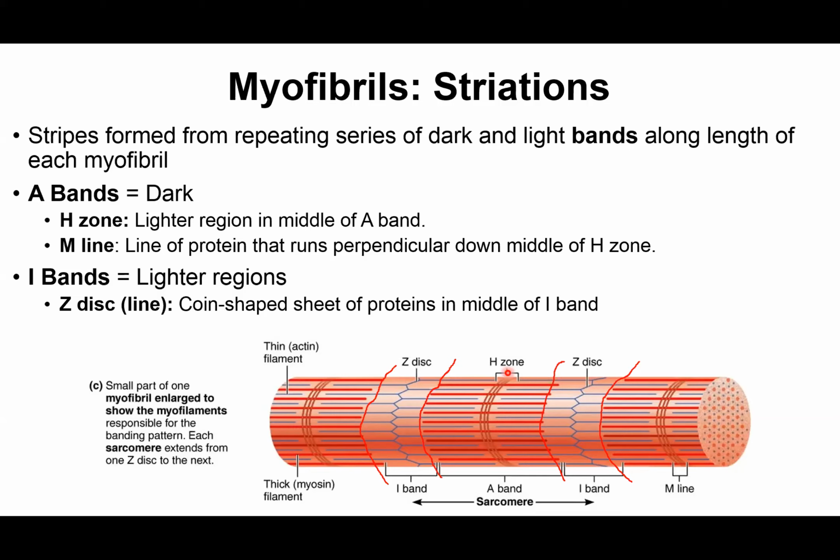And then within these A bands, right in the dead center, we have what's called the H zone. And this is a lighter region that runs, again, directly in the center of the A band. We also have what are called M lines. And M lines are the lines of protein that run perpendicular right down the middle of the H zone. So for reference, let me just scribble this in.